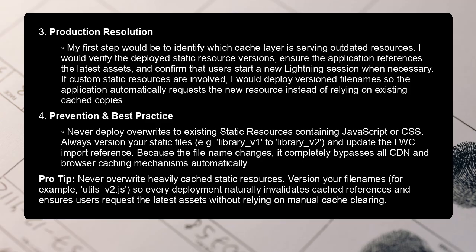Because the file name changes, it completely bypasses all CDN and browser caching mechanisms automatically. Pro tip: never overwrite heavily cached static resources. Version your file names, for example, utils_v2.js, so every deployment naturally invalidates cached references and ensures users request the latest assets without relying on manual cache clearing.